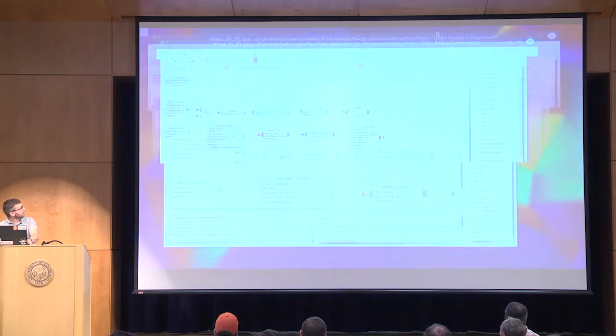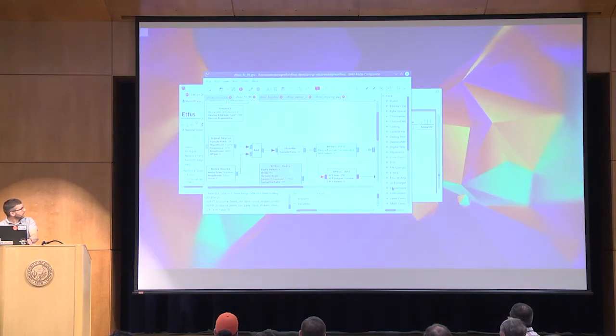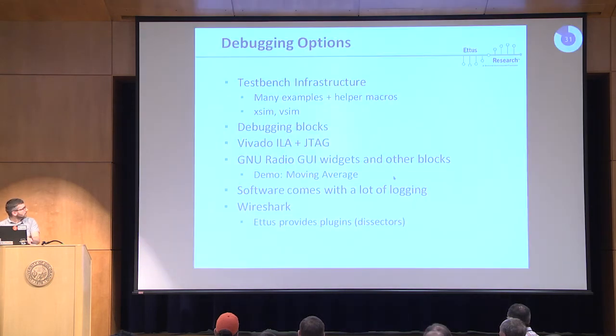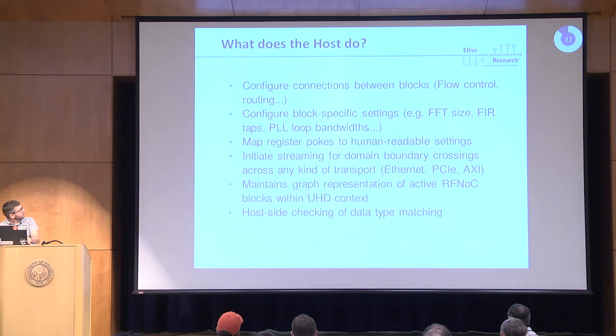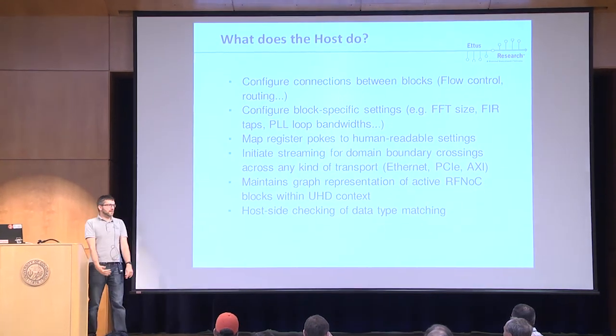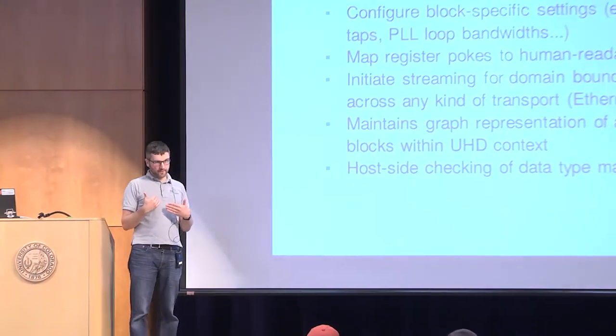I just need to get back to my slides real quick. And there we go. One thing I did not talk about at all was what happens in software. We try to pull all the complexity as much as we could off the device, off the FPGA, and run that in software.